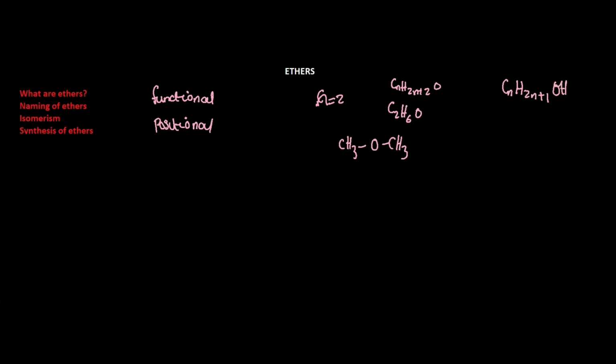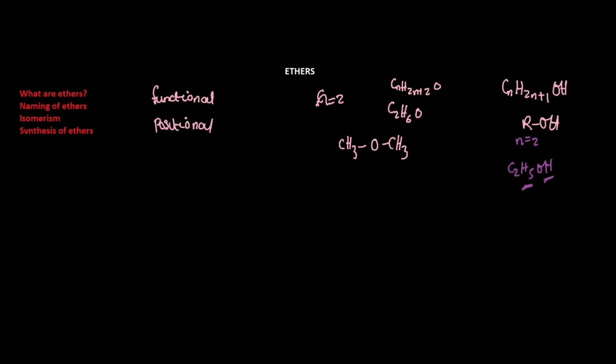Now the representation for an alcohol is CnH2n+1OH. So we have ROH basically, which is the representation for an alcohol. Now, when n equals 2, we're going to have C2H5OH. However, notice that although we have 5 hydrogen atoms on this side, we also have another hydrogen atom in the hydroxyl group.